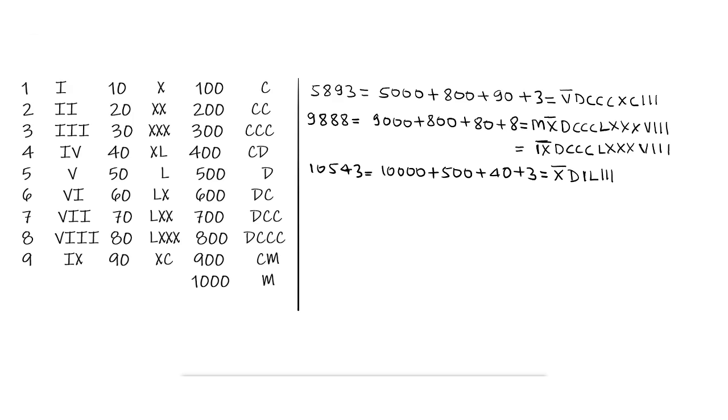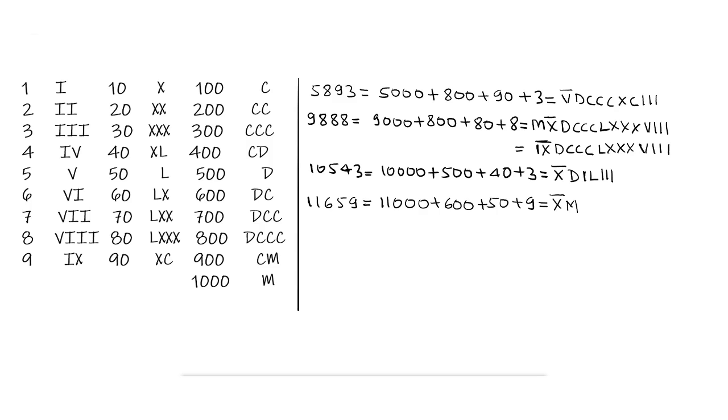11,659. 11,659 equal to 11,000 plus 600 plus 50 plus 9 equal to 11,000 is written as 10,000 plus 1,000, that is X bar is 10,000, M is 1,000, so this becomes 11,000.